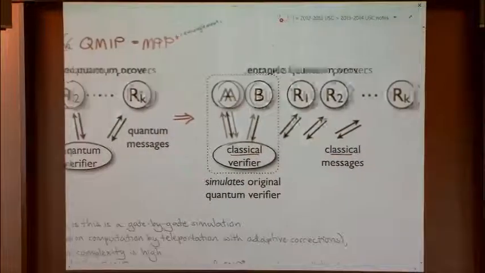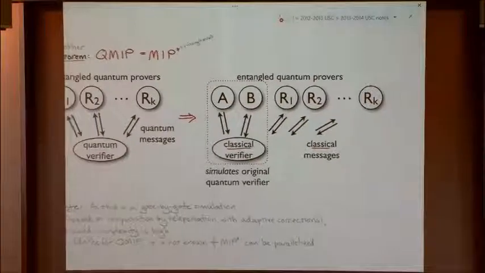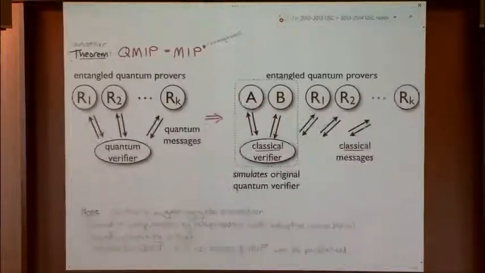MIP star is the same, except again you have quantum provers, but the verifier is fully classical, which means that the messages are also classical, and they're entangled. So clearly, any protocol of this form is also of that form. I mean, a classical verifier is a special case of a quantum verifier, and so mathematically that means MIP star is contained in QMIP. So the statement that we show is actually the other direction. QMIP is contained in MIP star.